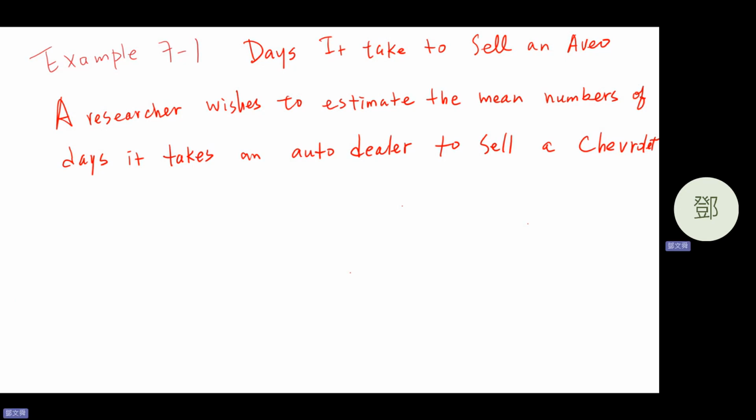Chevrolet is produced by the General Motors.